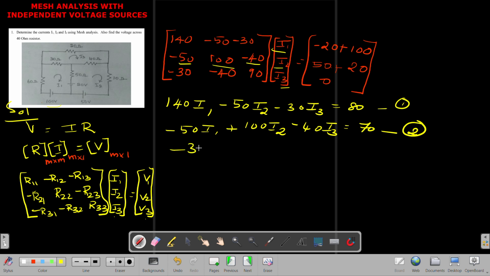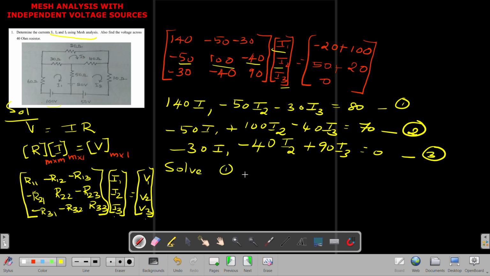Third equation: minus 30 I1, minus 40 I2, plus 90 I3, which is equal to 0. So this is equation number 3. Actually our question is that we should get the mesh currents I1, I2, I3, right? So let's solve these equations and find I1, I2, I3.